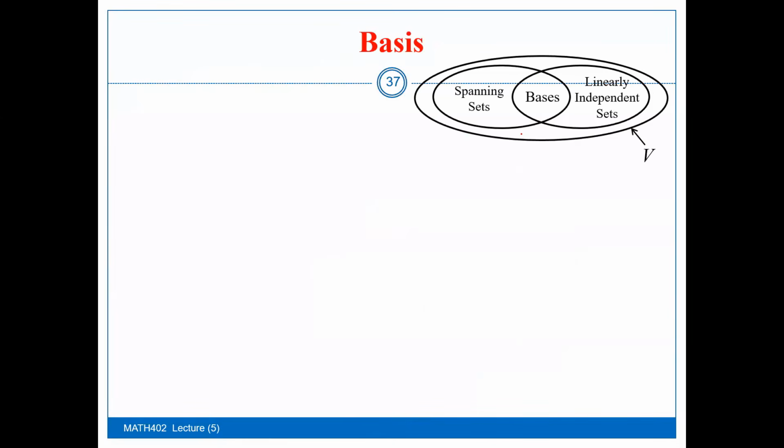So we studied spanning sets, we studied linearly independent sets, and the intersection of these two kinds of sets is called a basis of my vector space. A basis is a set of vectors which is spanning the space and linearly independent.